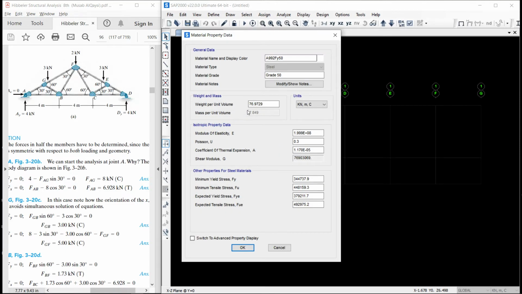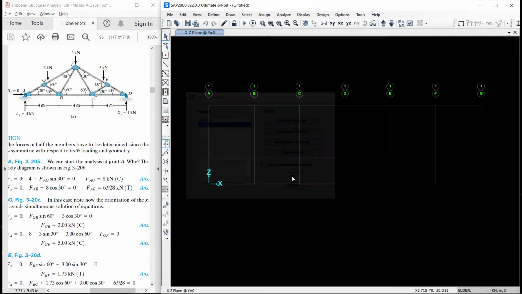So let's add. We know that it is a massless steel, or we are not considering the dead weight, so we are taking the mass or the density equal to 0. And let us define this material as a truss material.